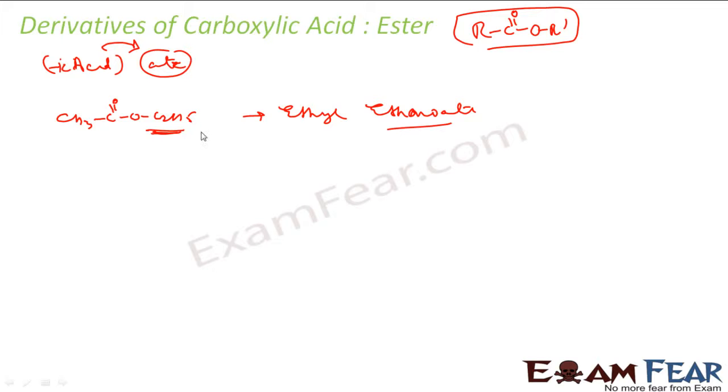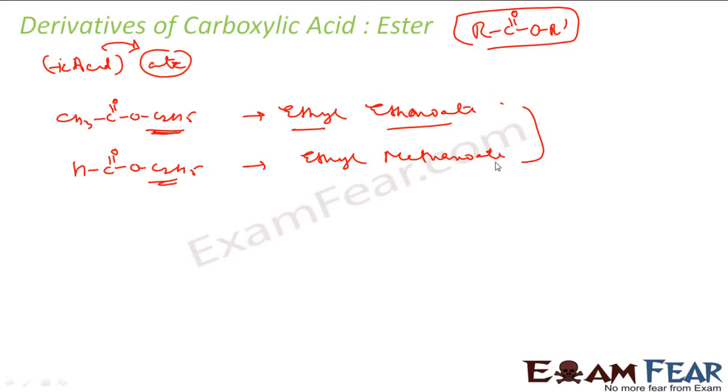You have to precede with the group which is replacing. So it is ethyl ethanoate. Take one more example. Here also the group which is replacing is ethyl, and this is methanoic acid, so it is ethyl methanoate. This is how you name the ester.